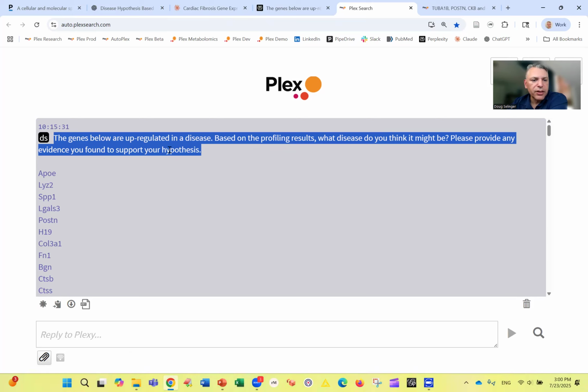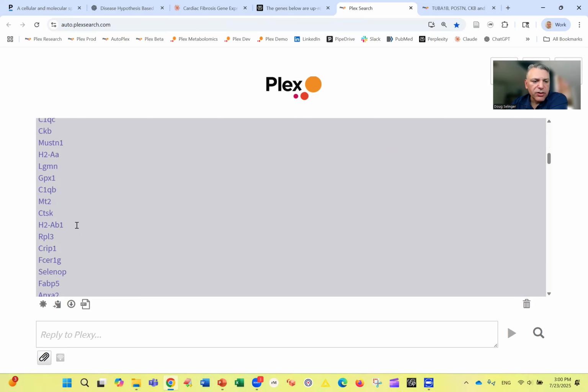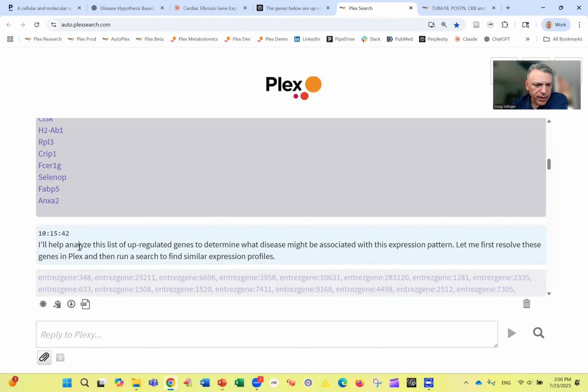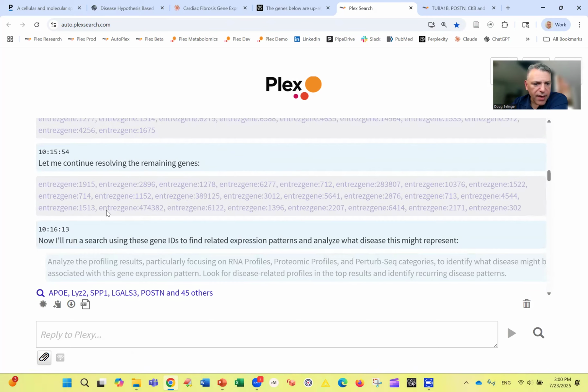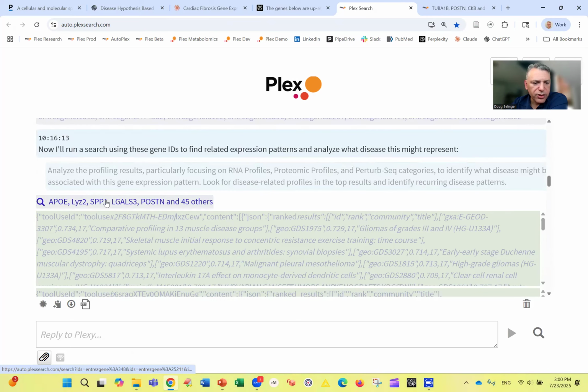So basically, these genes were upregulated in a disease without naming the disease. And based on these results on the profiling data, what disease do you think it might be, and provide evidence. And this is the gene list. So what it's doing here is taking in that gene list, resolving them, and then running a search, a Plex search. And this is really the special sauce here.